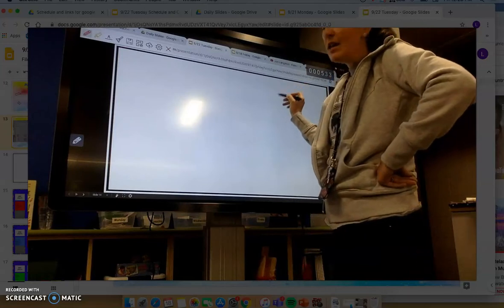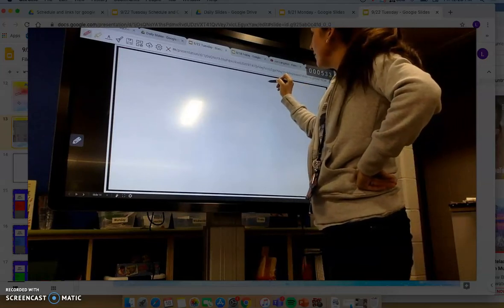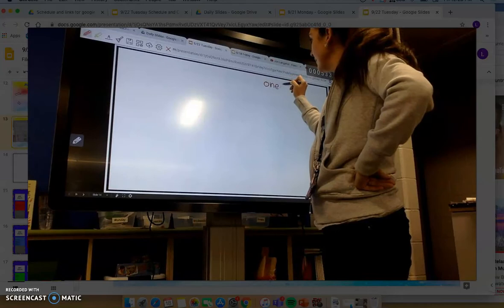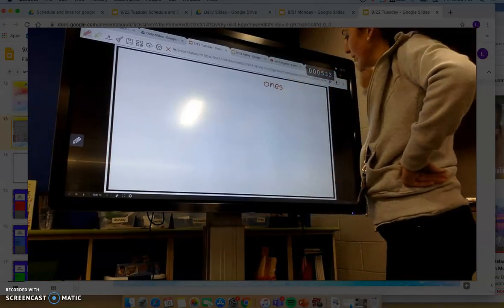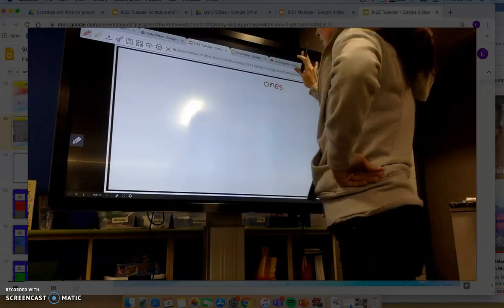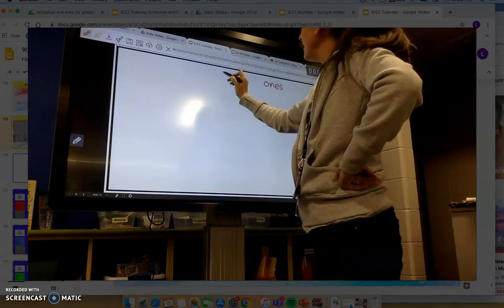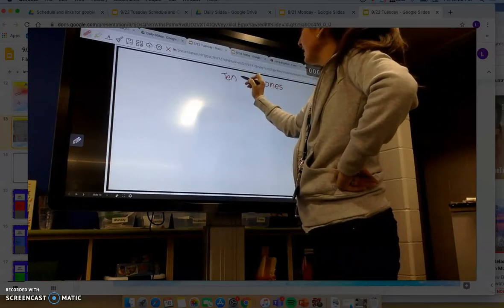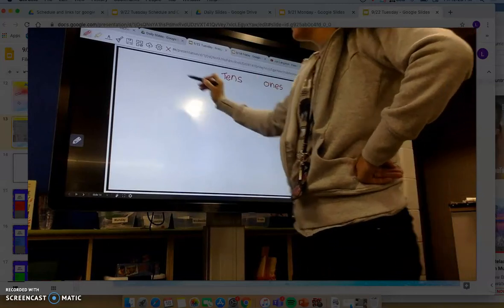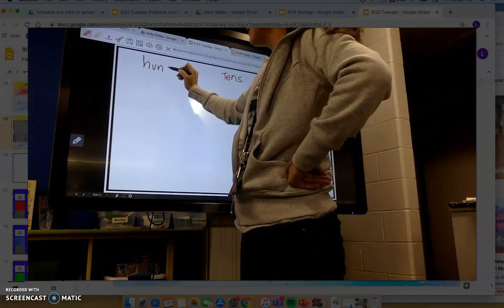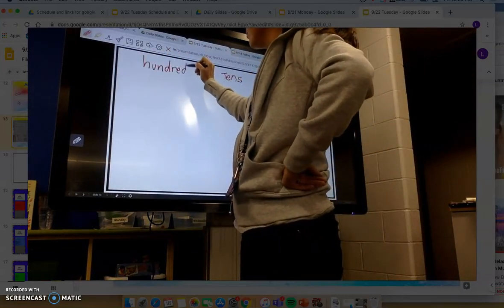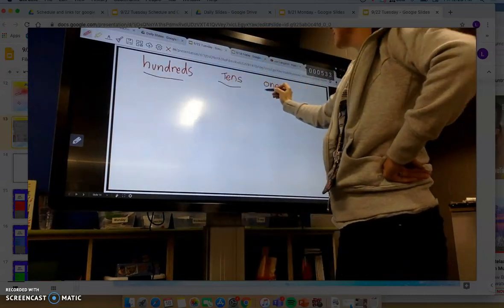Okay, so on our sheet, we are still just focusing on tens and ones. If we think about a number, when you start on the right, the ones column is the first digit. And then the next number is your tens column. And then after that, you have your hundreds. We're not even talking about that today, but that is what's there, okay? Hundreds, tens, and ones.